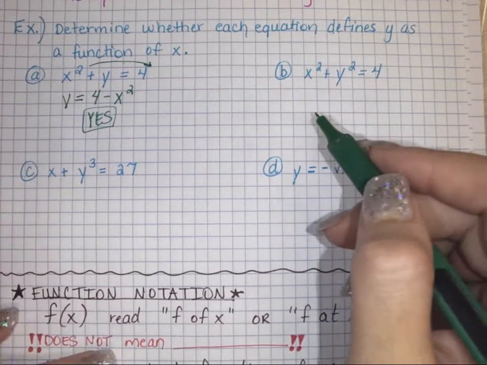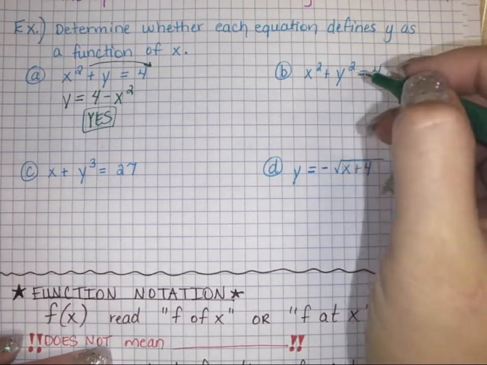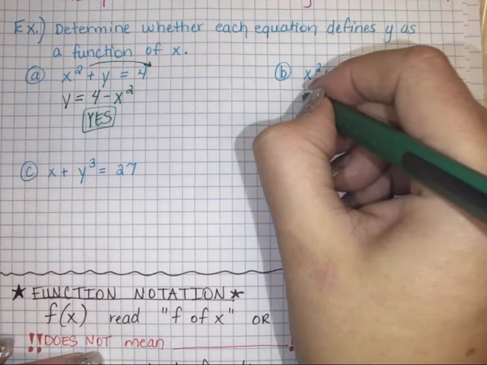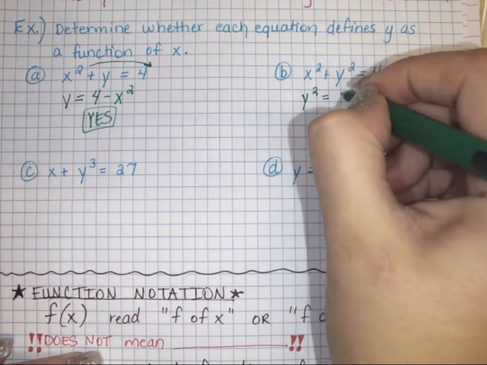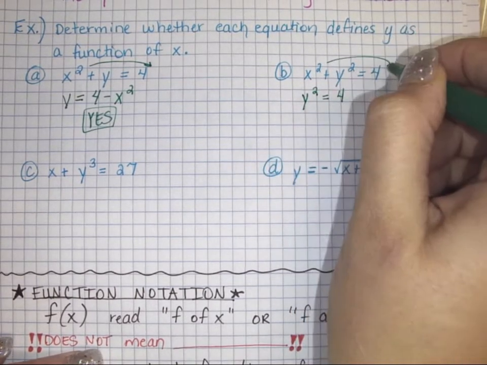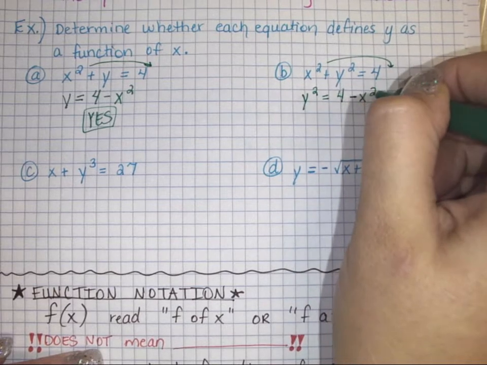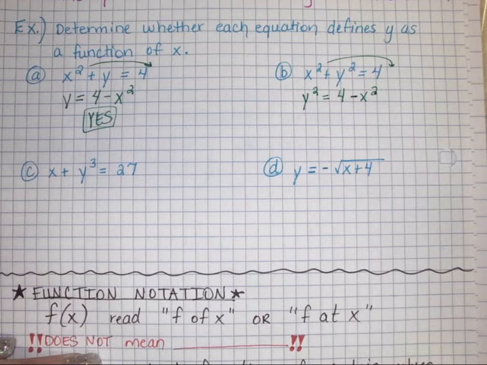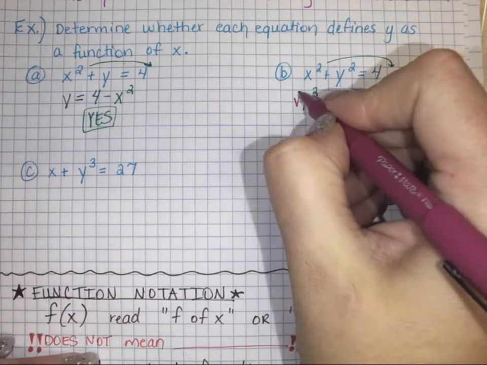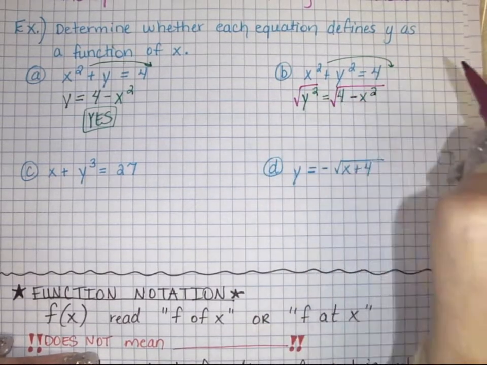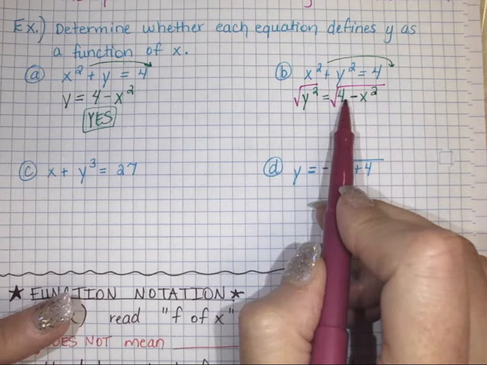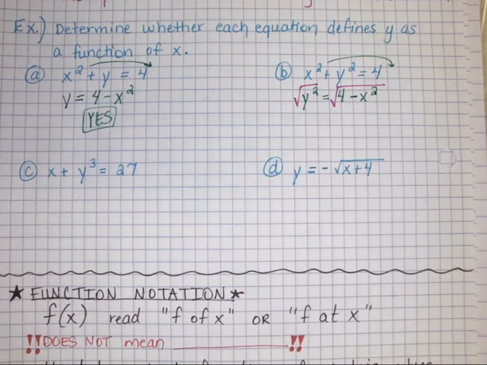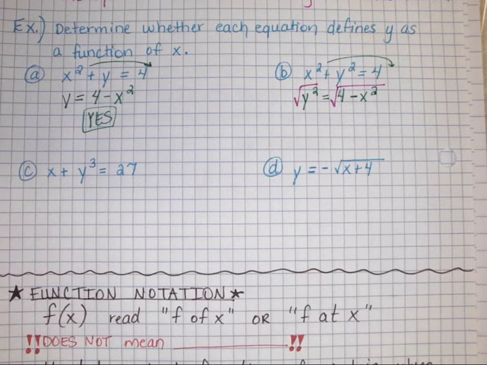Part B. Once again, solve it for y. So subtract x squared, and we're going to have 4 minus x squared. You have to get rid of this exponent of 2 by taking the square root of both sides, and please make sure on this side you put the square root over everything.